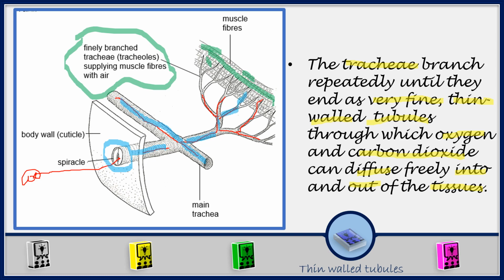Those smaller tubules are the ones that we are calling the tracheae. They are very thin-walled and very fine. Therefore, they can allow the passage of oxygen into the tissue, and they allow carbon dioxide to come out of the tissue to enter into the tubules.